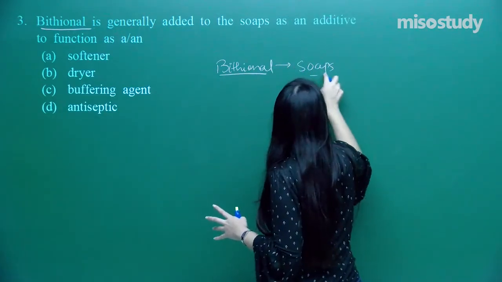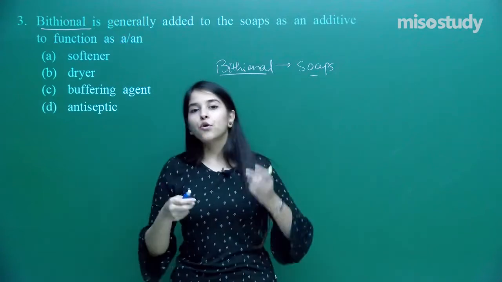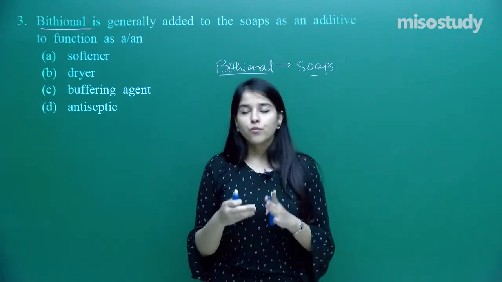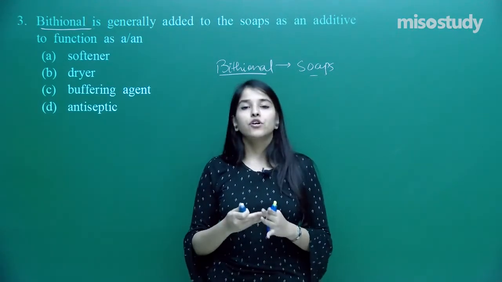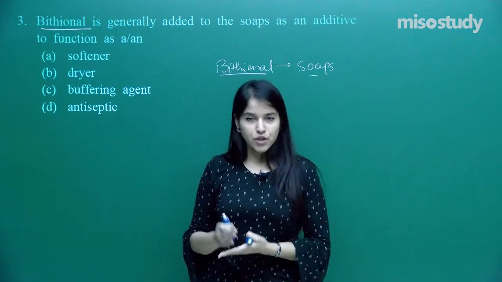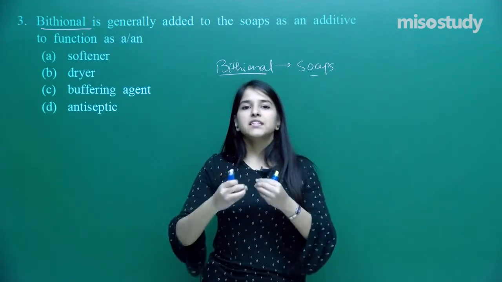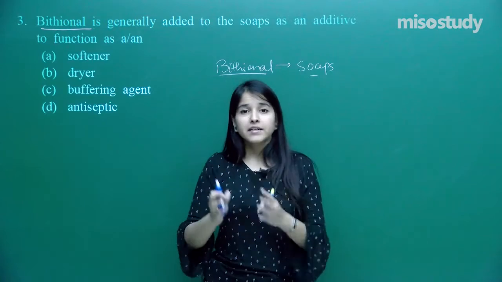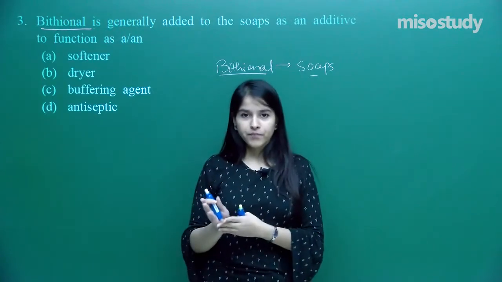Why? Because whenever we use soaps on our bodies, what does our body have? They have got a lot of bacteria on the surface. The bacteria actually eat the dead skin tissues and produce bad odor.